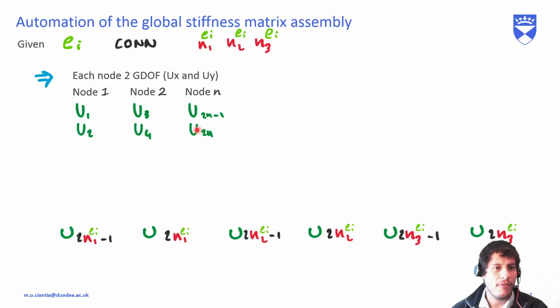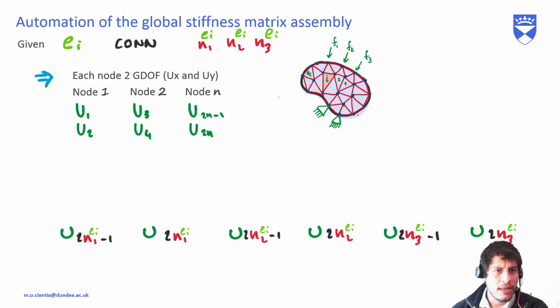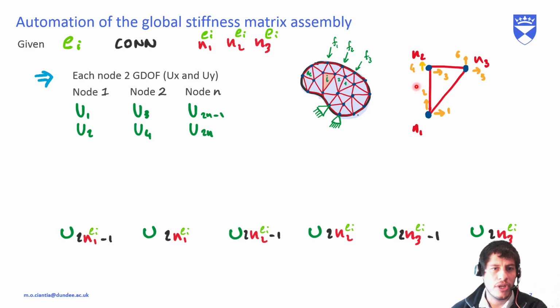So U5 and U6. Okay, so let's look at our element i then, and we have node 1, node 2, node 3 of element i, of which we have the local degrees of freedom 1, 2, 3, 4, 5, 6, which always go from N1, then we go to N2 and N3.